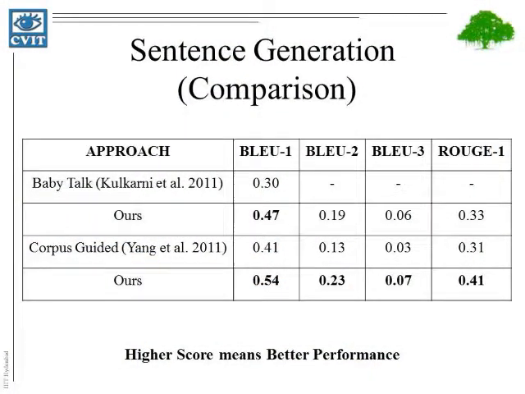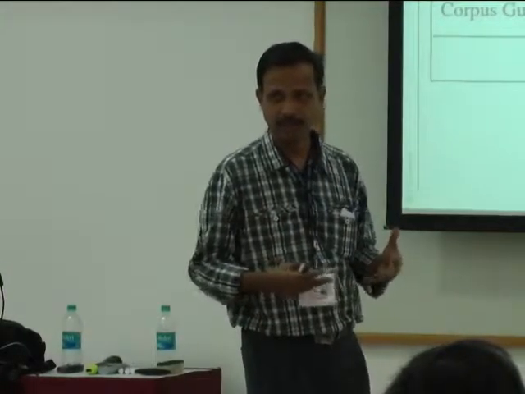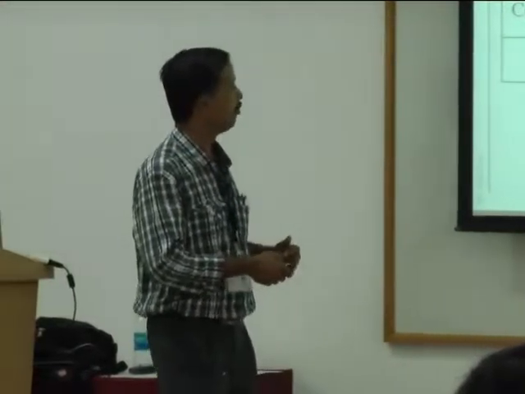And we also did a quantitative comparison with some of the previous work in sentence generation based on measures like BLEU score, ROUGE score, etc., which are popular for machine translation and text summarization in the community, and quantitatively we are superior to the previous methods.